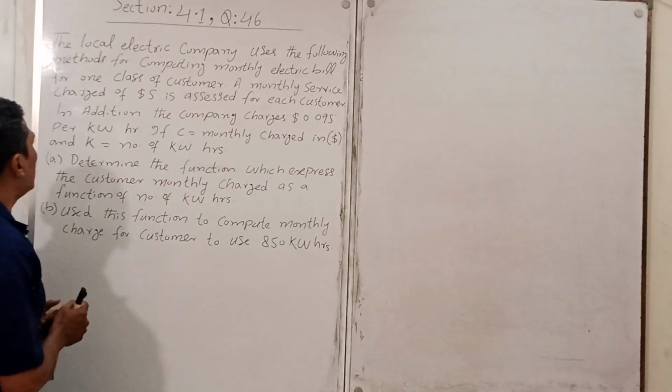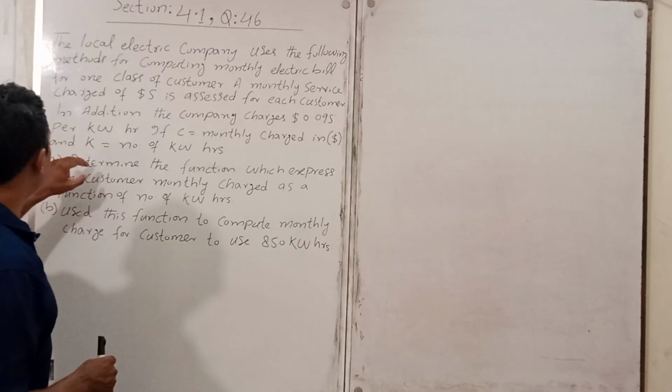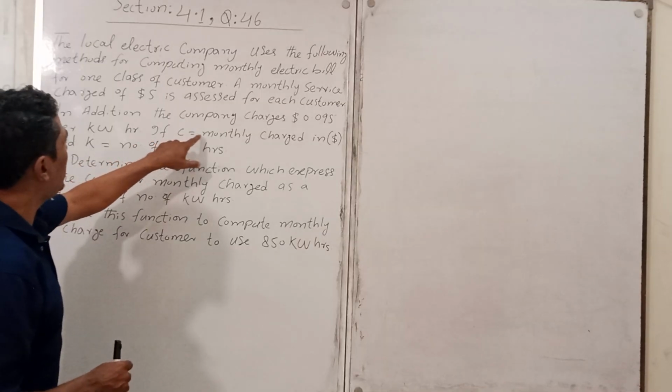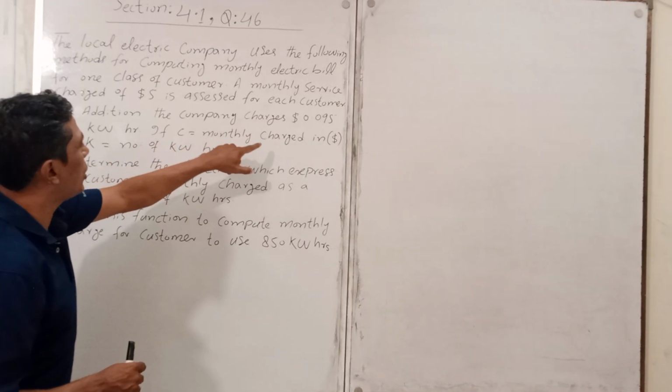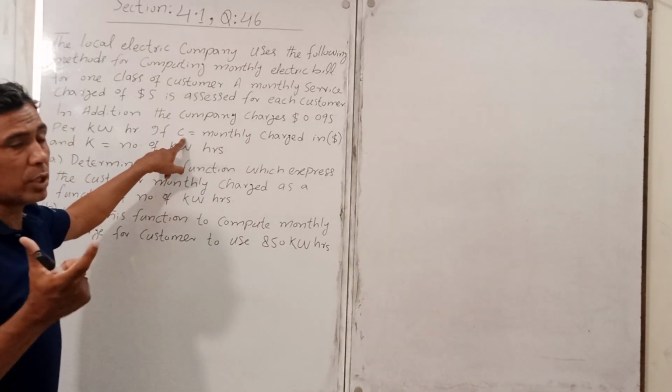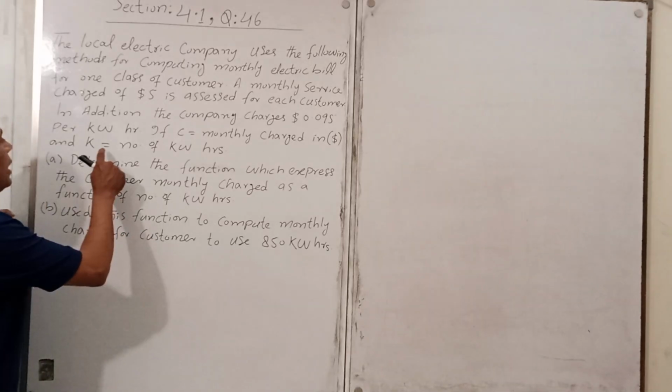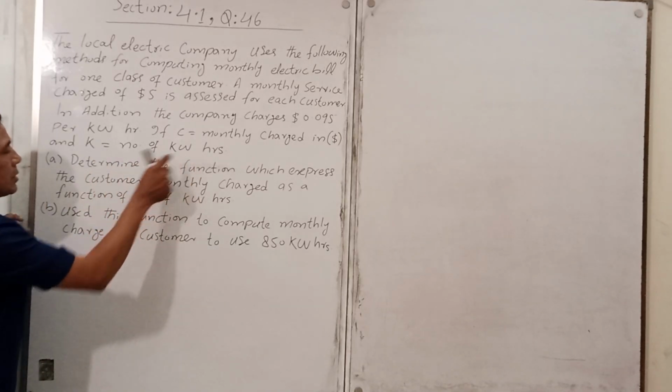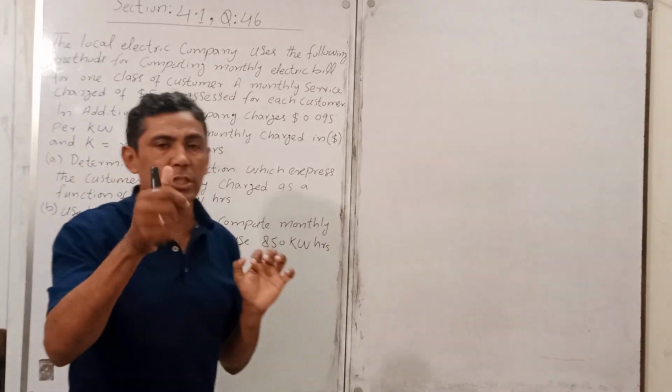Now move forward. Here, C represents the monthly charge in dollars, which is the cost to consume electricity, and K is the number of kilowatt hours, how many units you consume.